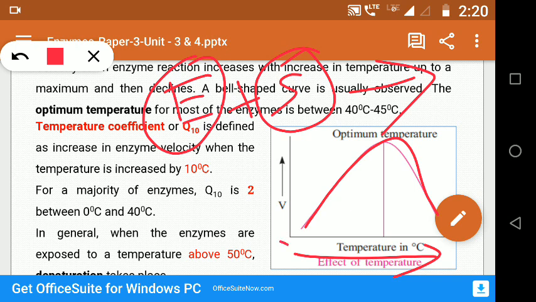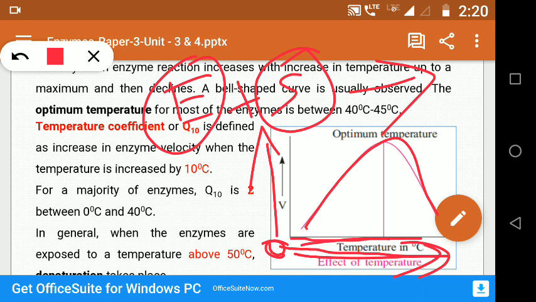Suppose, for example, this is 0 degrees centigrade, and we gradually increase the temperature and monitor how much product is being formed. In this way, at the initial stage the enzyme activity is less, and as we increase the temperature, the enzymatic activity will also increase up to some extent.